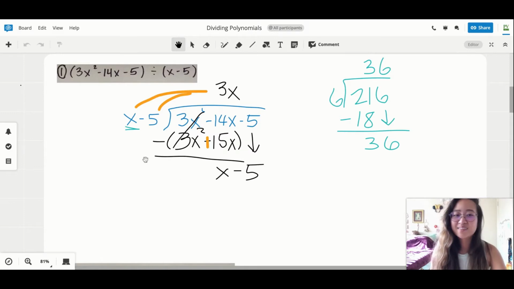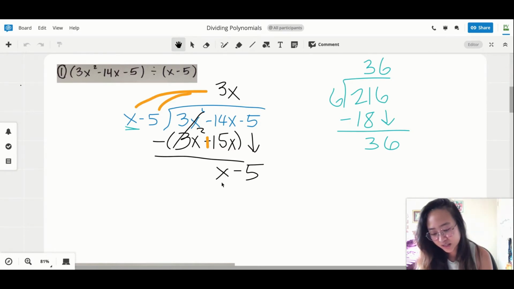So now we can ask ourselves, how many times does x go into x minus 5? And even with just looking at the front numbers, it's safe for us to say, well, we know x goes into x 1 time.